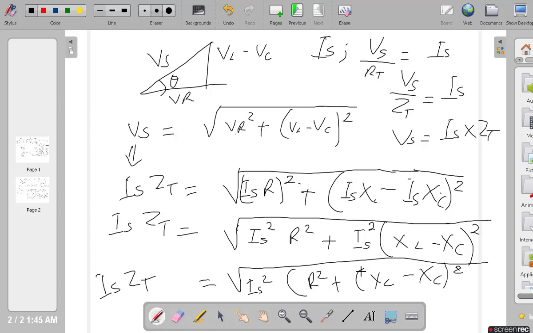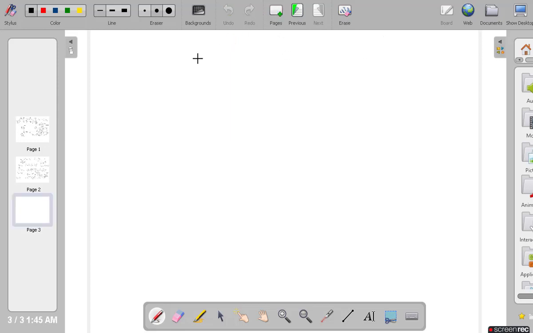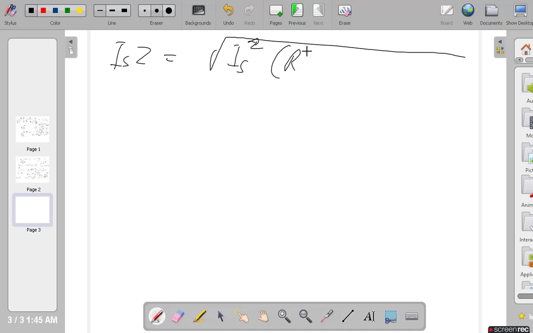If you further simplify this, we can factorize this one out.